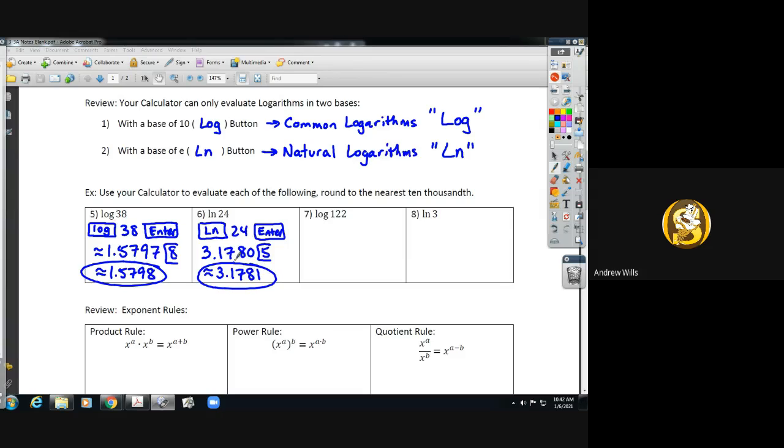Try the other two real quickly. It shouldn't take very long at all because all you're doing is typing in the calculator. Get answers there so you can compare them to mine in about 15 seconds.